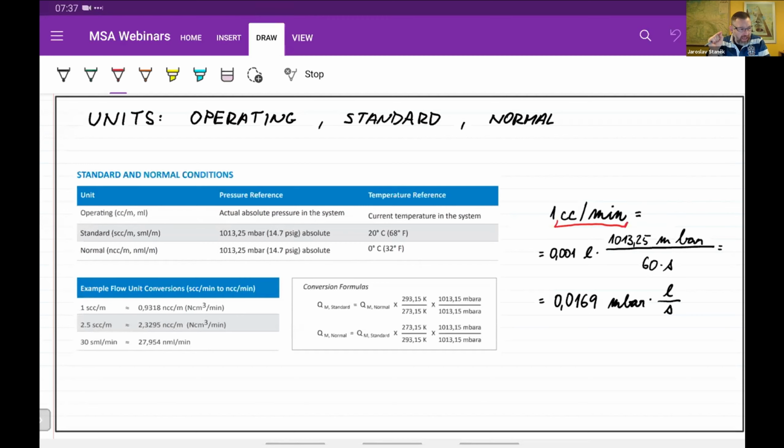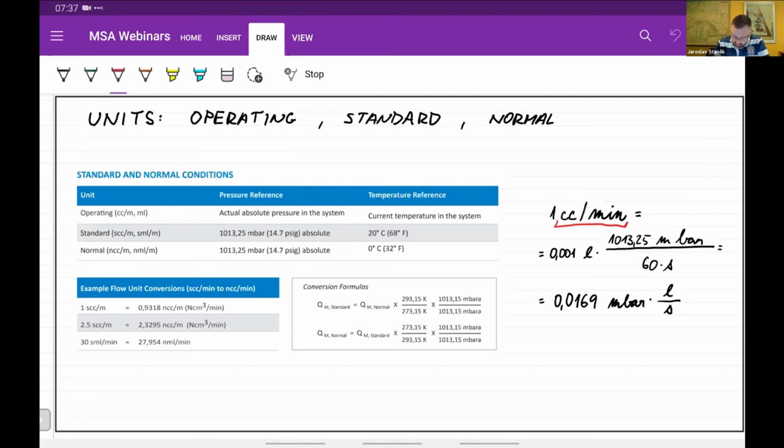If it does not have that, we always consider that to be the difference to an absolute vacuum. Otherwise, the difference to the standard atmosphere, which is 1013.25 millibars.